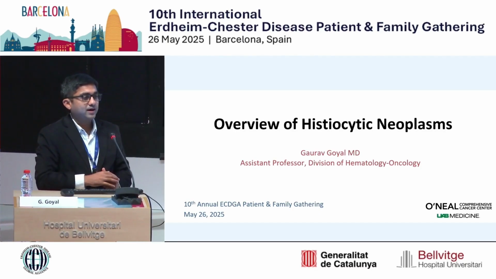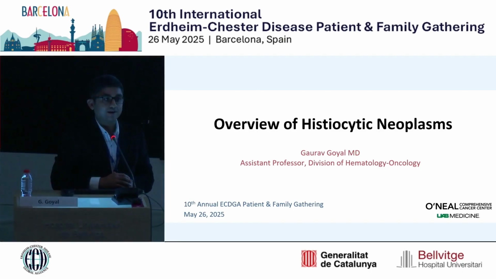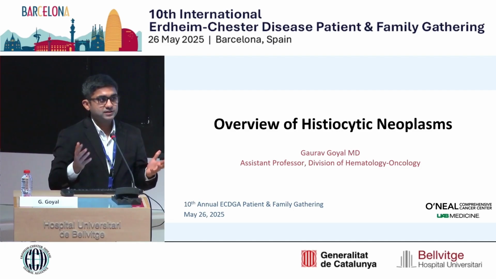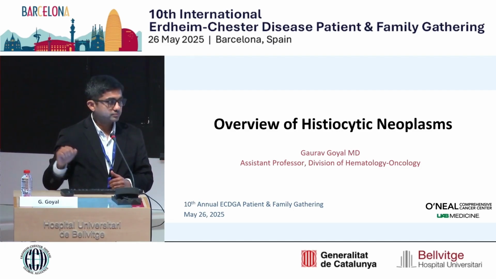So I am an adult hematologist oncologist in Birmingham, Alabama, the other Birmingham in the US. And I see all types of histiocytic disorders. So we thought about using this opportunity to provide some education about what is histiocytosis in general. And I have two goals today.